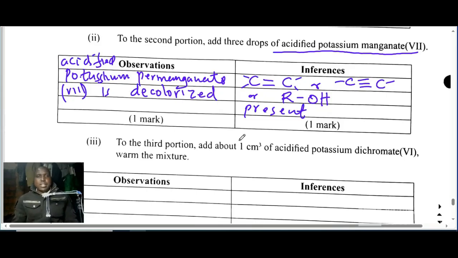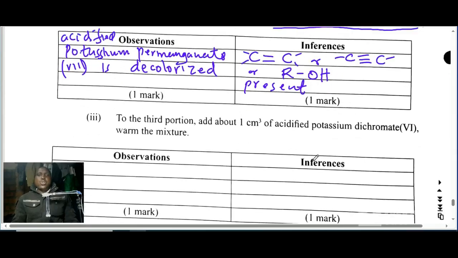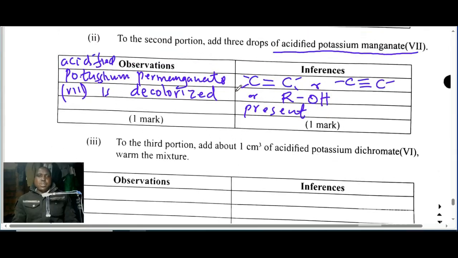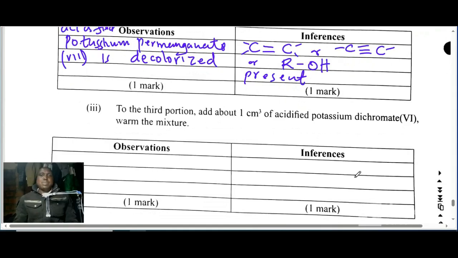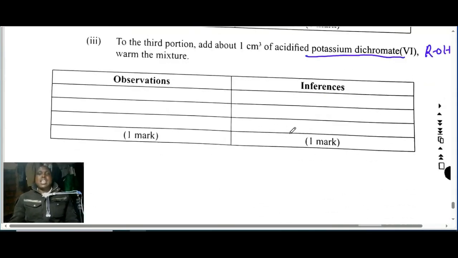Now what is going to differentiate from this one is acidified potassium dichromate. This one is used to test for alcohol only, OH. If the color changes from orange to green, then alcohol is present. If it doesn't, then the alcohol is absent.